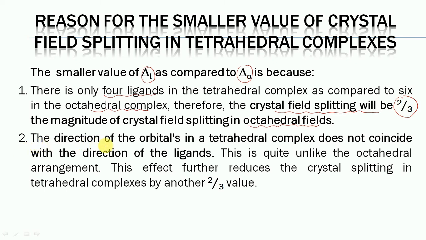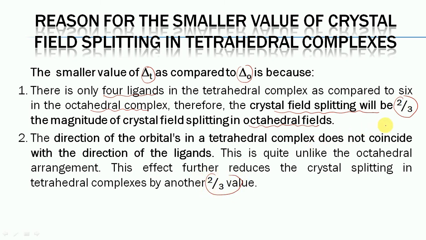Then, the direction of the orbitals in tetrahedral complexes does not coincide with the direction of the ligands. This is quite unlike the octahedral arrangement. This effect further reduces the crystal field splitting in tetrahedral complexes by 2/3.